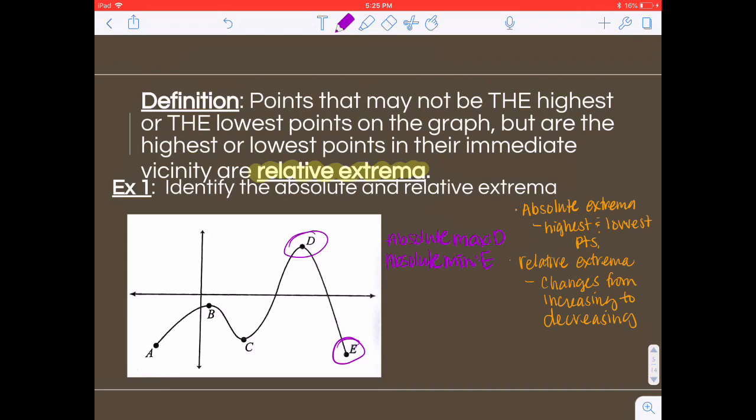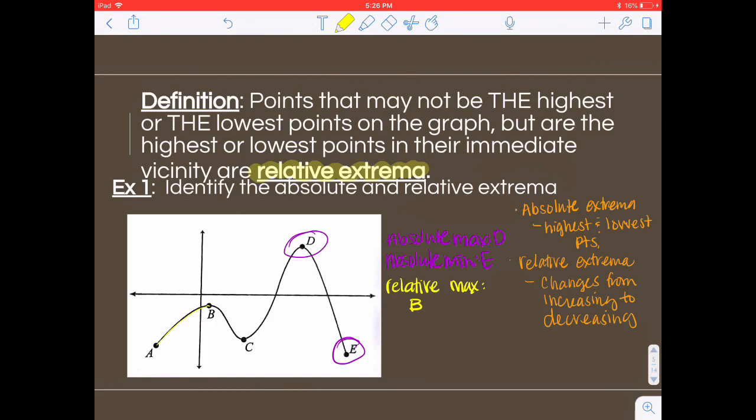Let's change our color. So then our relative max is where it's changing from increasing to decreasing, or vice versa. It can also go from decreasing to increasing. So we have B, right? So increasing here. So this point is where it changes. So we have B. And we want max, remember.